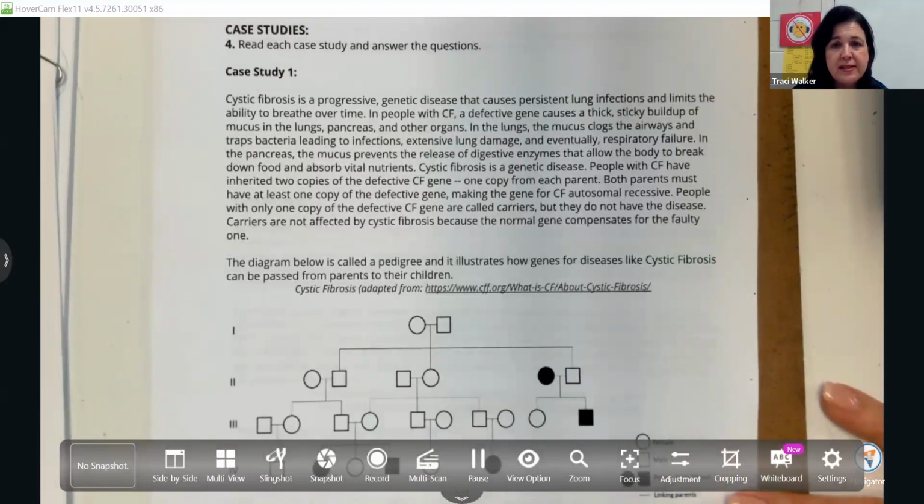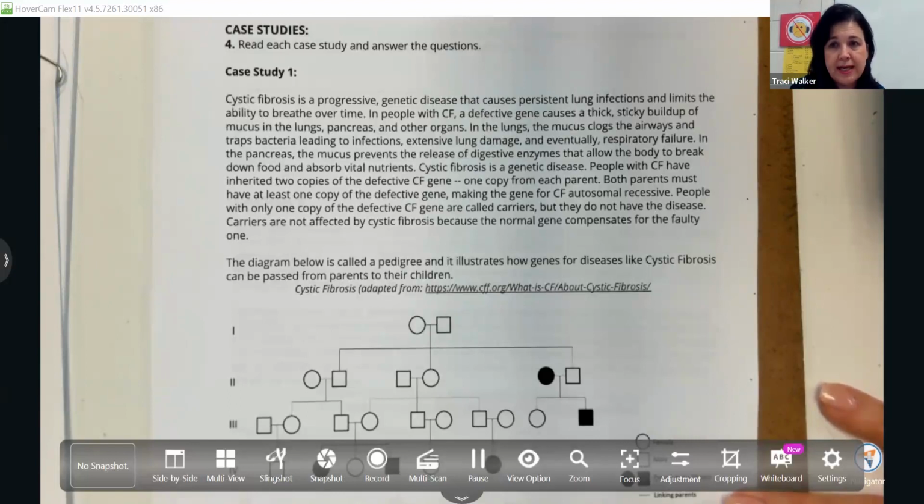In people with CF, a defective gene causes a thick, sticky buildup of mucus in the lungs, pancreas, and other organs. In the lungs, the mucus clogs the airways and traps bacteria, leading to infections, extensive lung damage, and eventually respiratory failure. In the pancreas, the mucus prevents the release of digestive enzymes that allow the body to break down food and absorb vital nutrients.